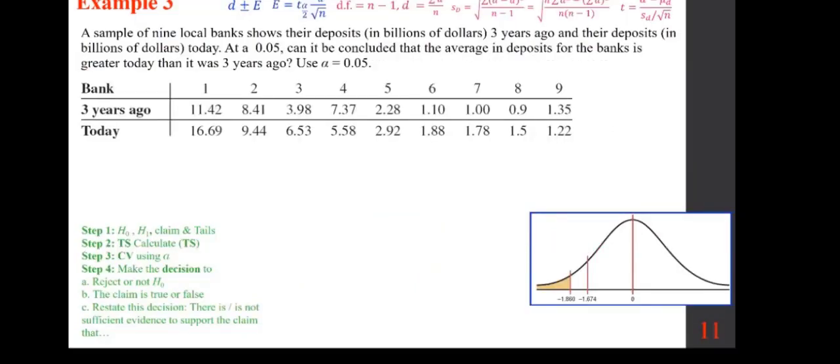A sample of 9 local banks show their deposits in billions of dollars 3 years ago and their deposits in billions of dollars today. At a 0.05, can it be concluded that the average in deposits for the banks is greater today than it was 3 years ago? Use alpha equal to 0.05. We basically need to calculate the difference and then calculate d bar and s sub d.